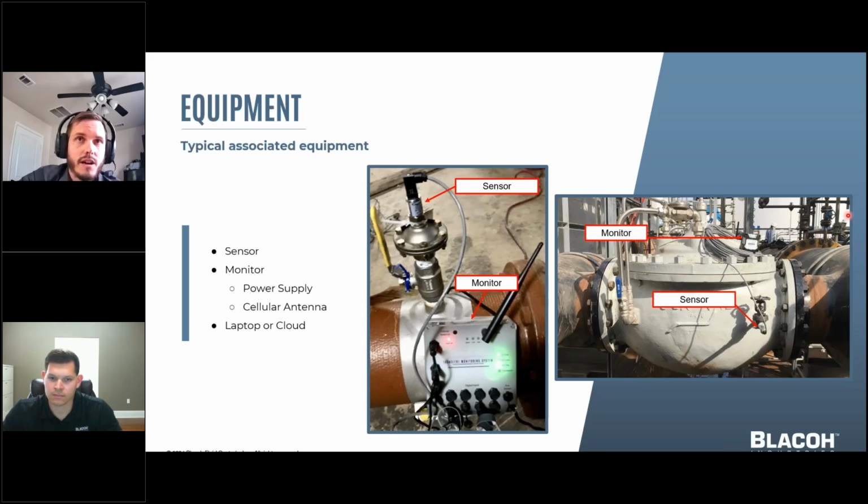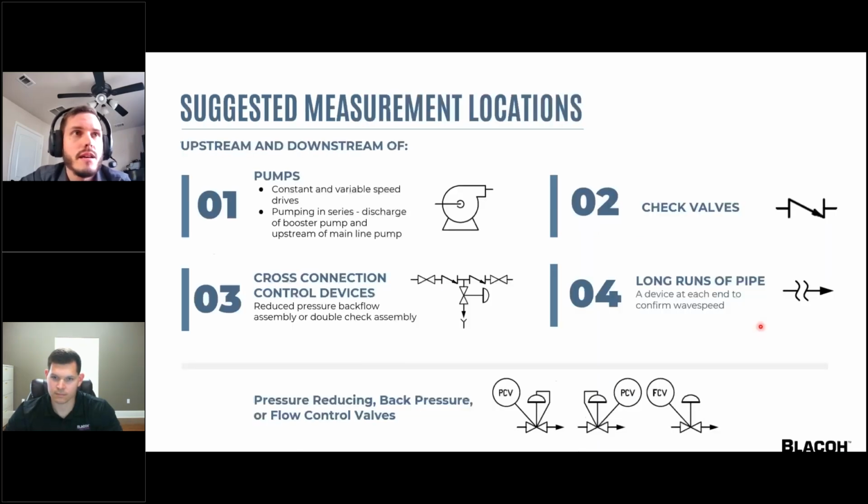Since the equipment required is minimal, it can be easily installed just about anywhere, not just on this quarter-inch tap on a control valve, but anywhere there is a concern or a potential velocity change due to flow restriction or alteration.